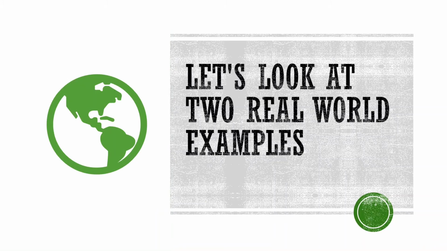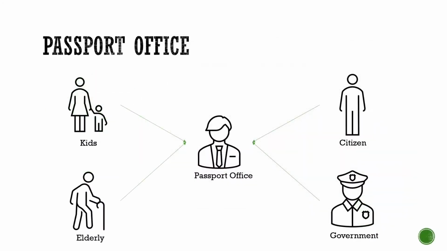Let's look at two real world examples. One where we design based on the internal view, and the other where we design based on the external view. Imagine you are asked to develop a system for issuing passports, and you, being the designer, look at the system from your point of view and see everyone as a passport applicant.